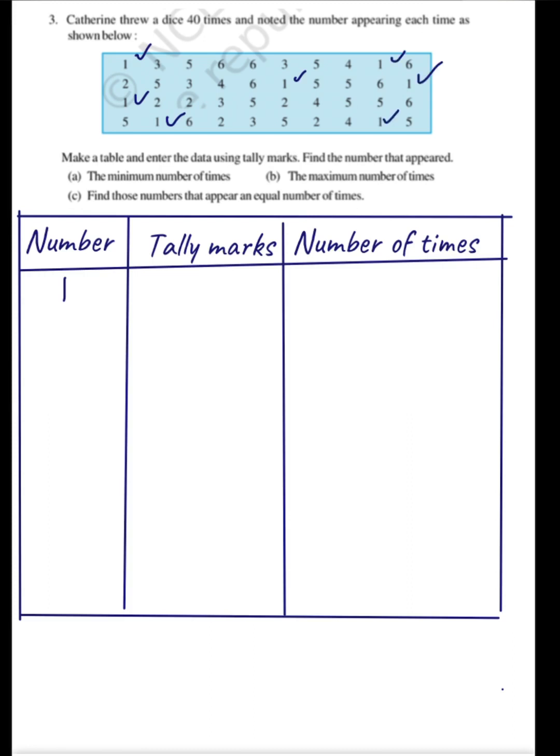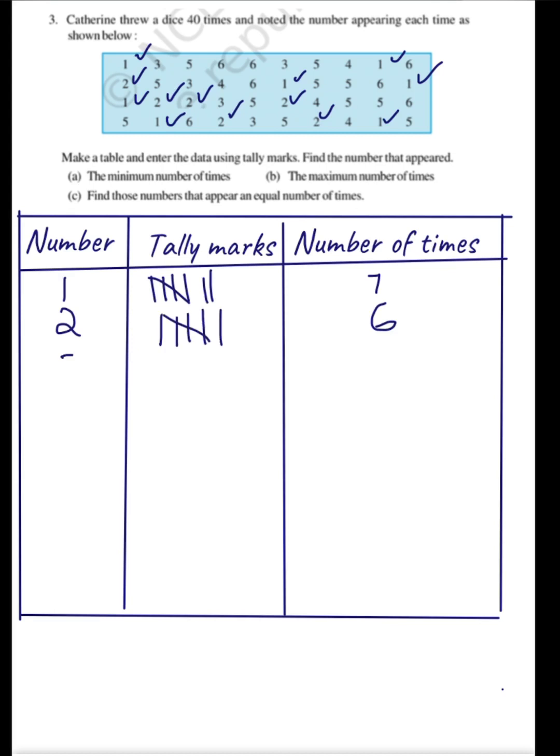So how will you mark 7? So 7. Now number 2, let's count it. 1, 2, 3, 4, 5, 6, so 6 times.